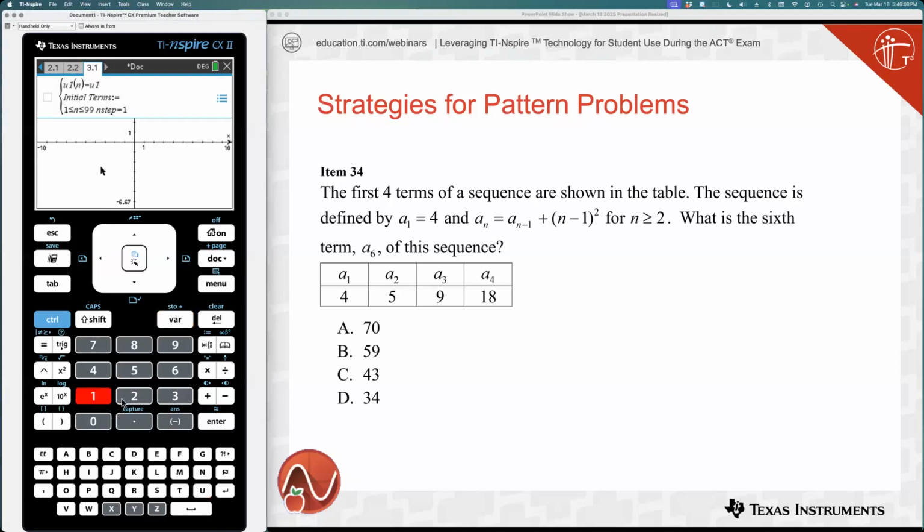So I'm going to do U1 of n minus 1. Close that parenthesis. And again, we're up here on the screen right here. And then we're going to add in n minus 1. So where's my n? N minus 1 quantity squared.